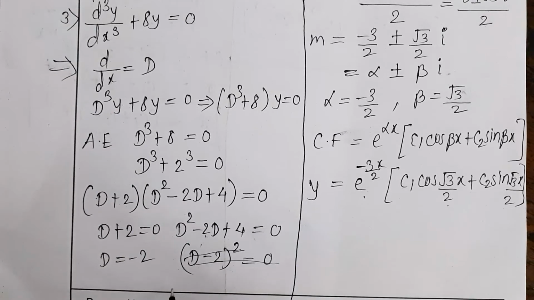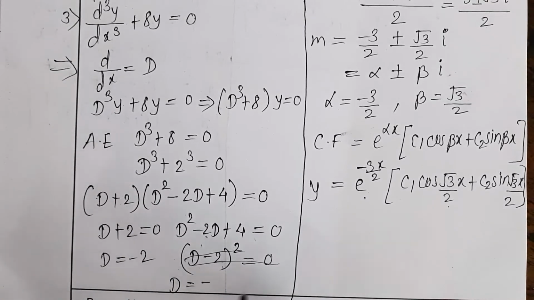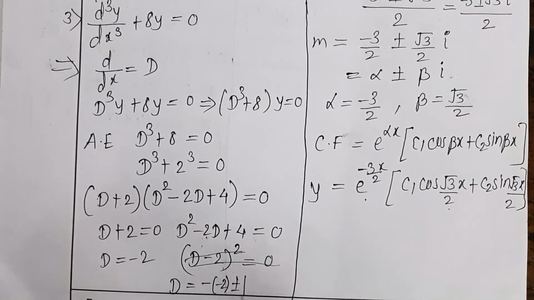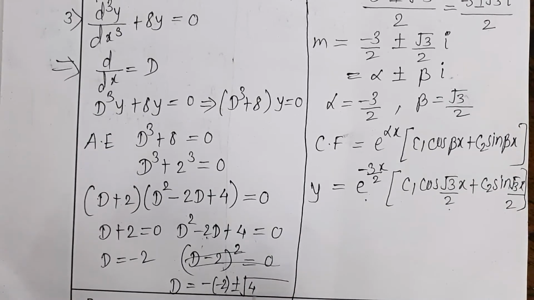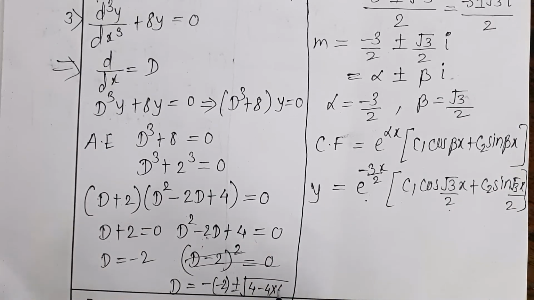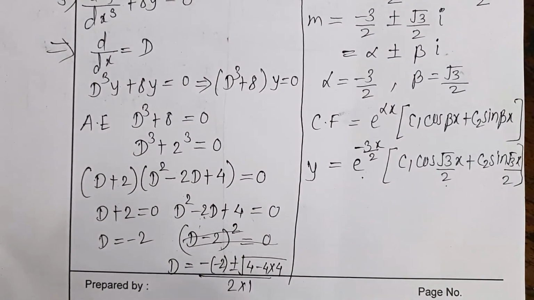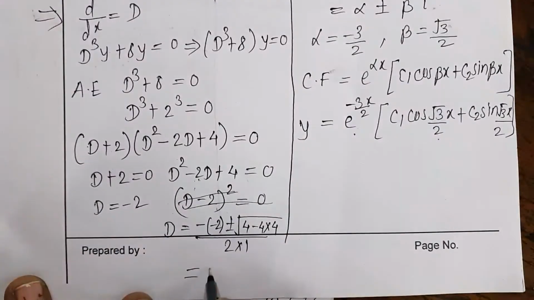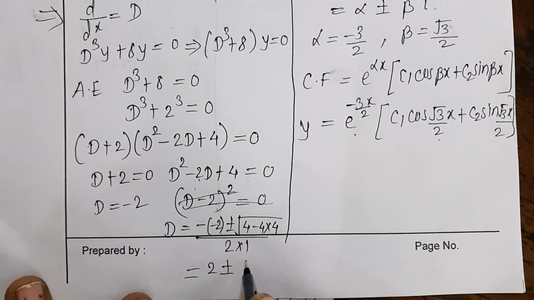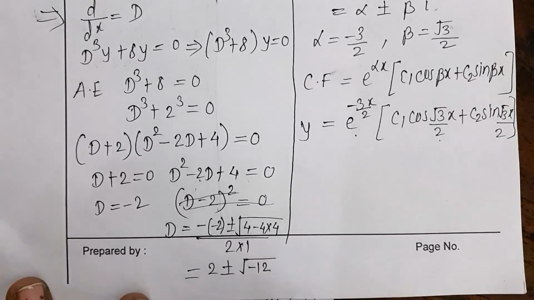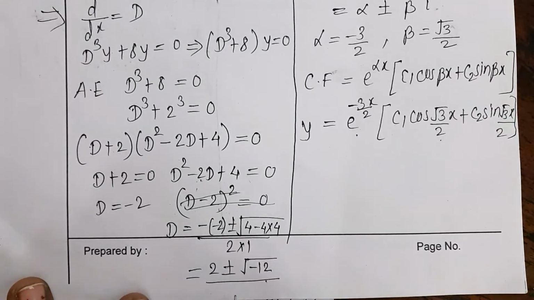Use D is equal to minus b plus minus square root of b square minus 4ac divided by 2a. The b value is minus 2, so minus b is 2, plus minus square root of 4 minus 16, that is minus 12, divided by 2.